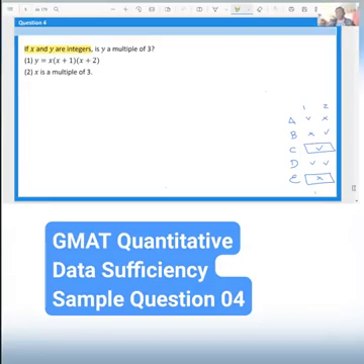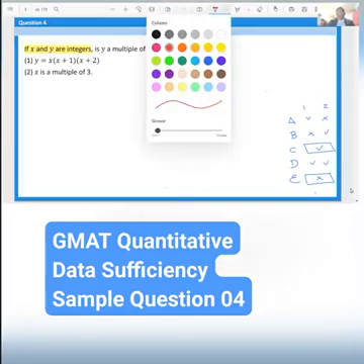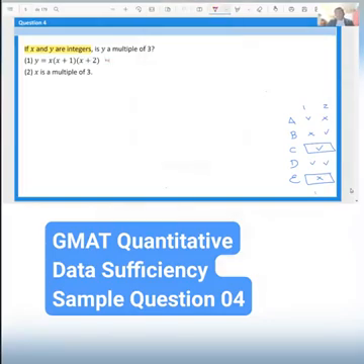And you might feel tempted to say, okay, statement 1 looks not sufficient, because I don't really know whether y will be a multiple of 3 in all those cases. And so you would just proceed to statement 2.